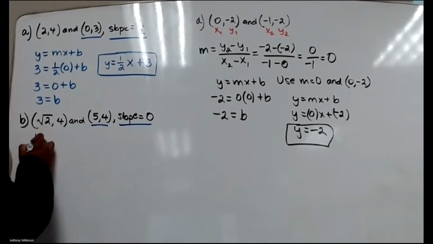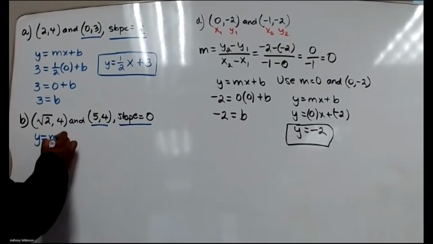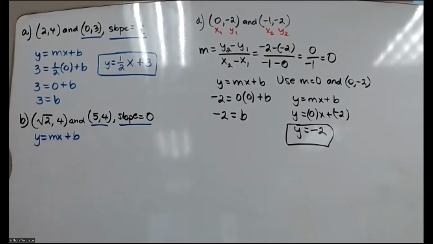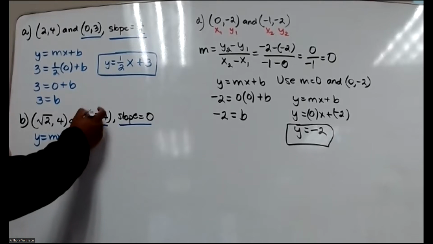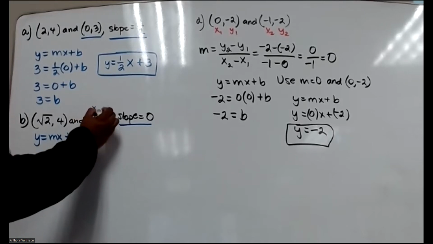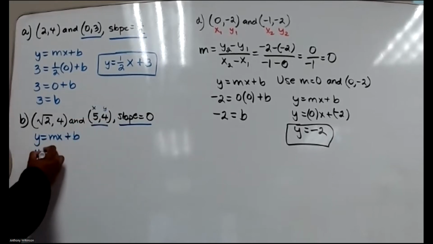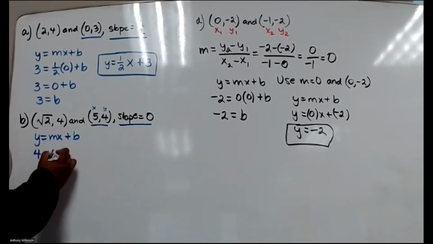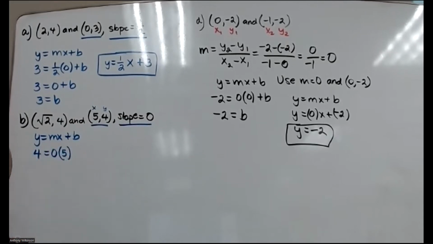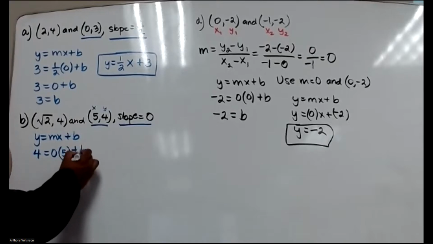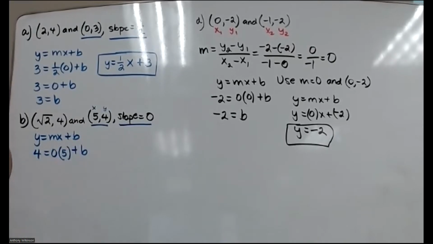So again, we use y equals mx plus b. So this time, this is x and that's y. So y is 4 equals your slope, that's 0, times x, which is 5, and b is what we're trying to find, so that'd be plus b.